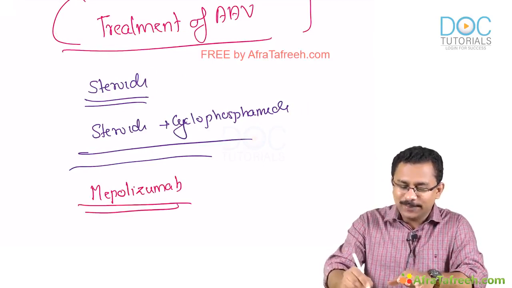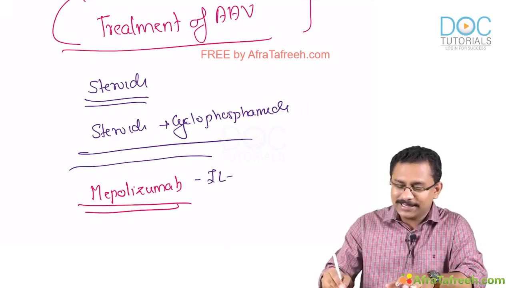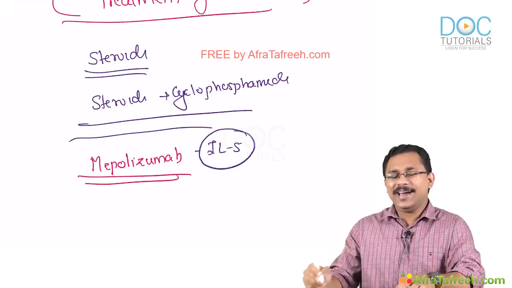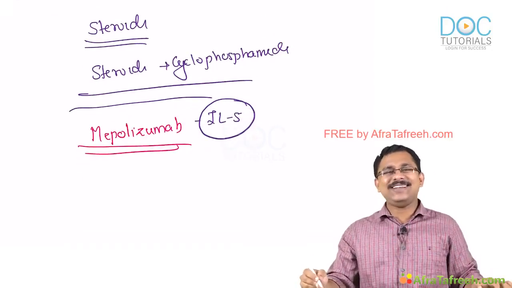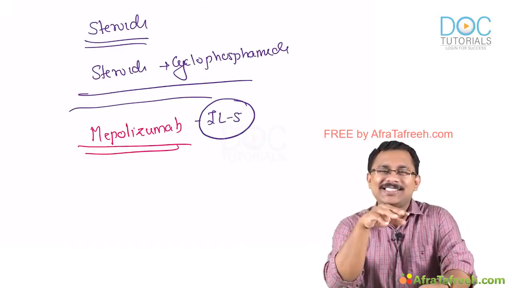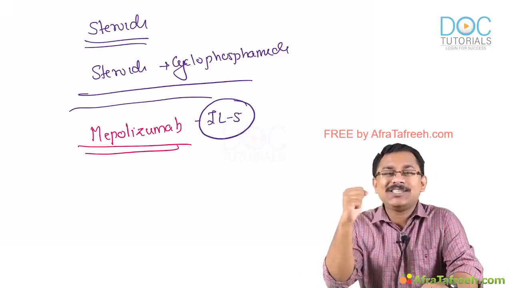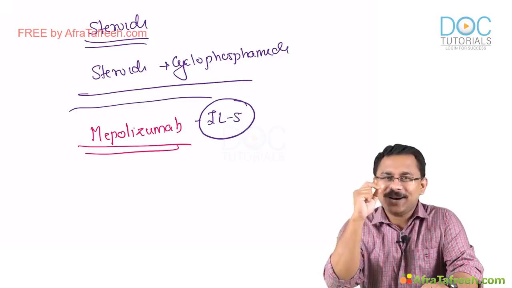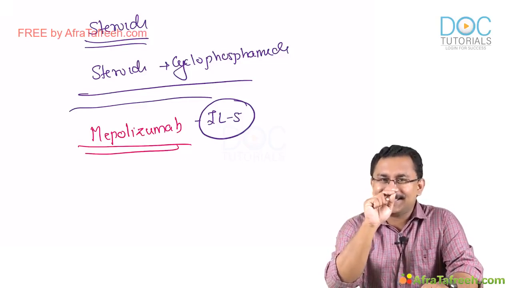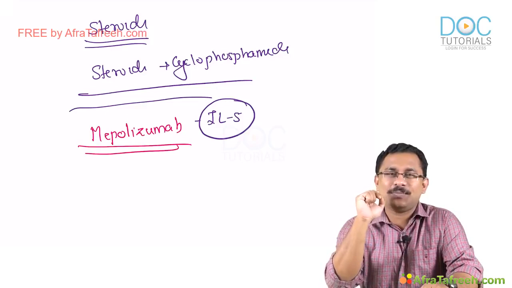So mepolizumab is a monoclonal antibody against IL-5, and you tell me in which of the disorders that we learned in this group of ANCA associated vasculitis will mepolizumab be useful. Now to understand that, there is a line in Robbins pathology textbook.